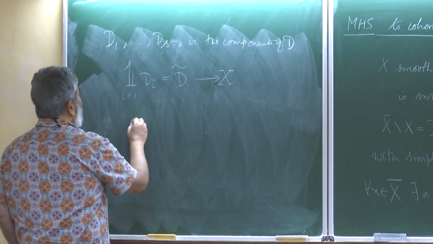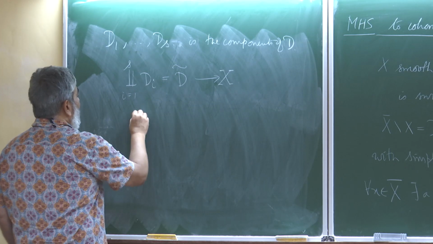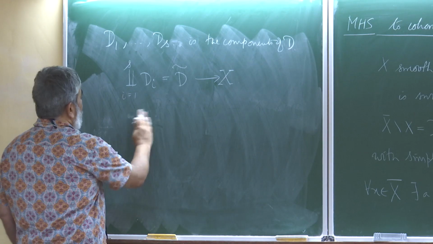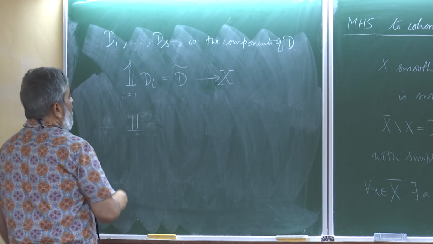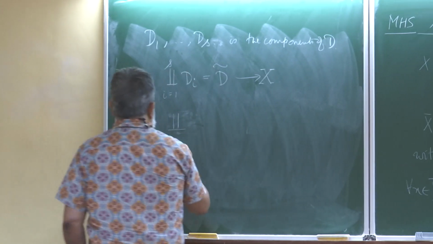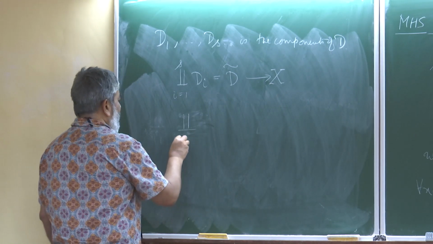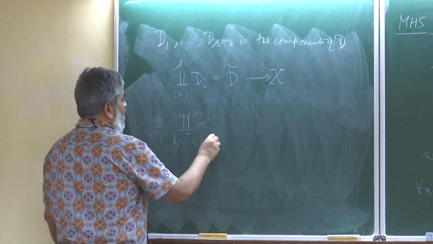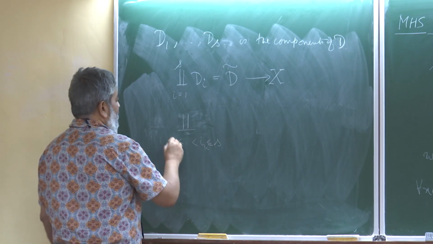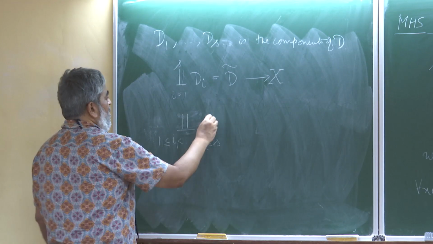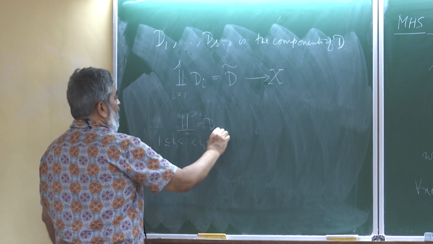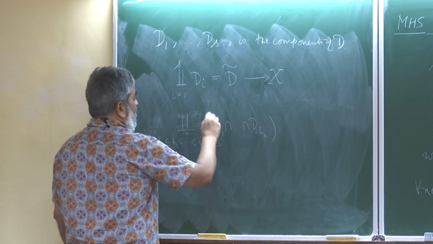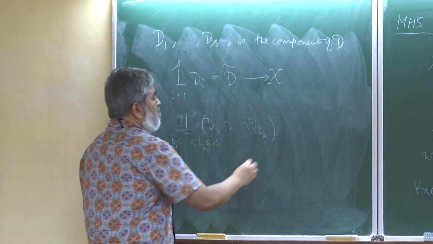And so you define D tilde K. So disjoint union over i1 less than ... less than i_k less than or equal to S, D_i1 intersection ... D_ik.